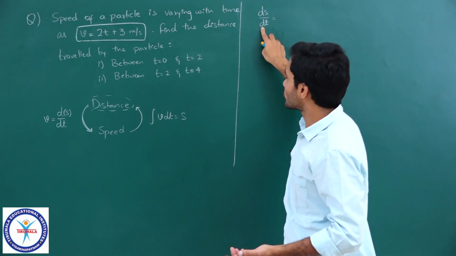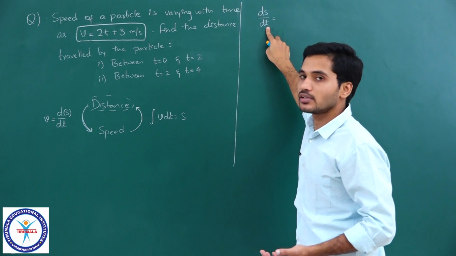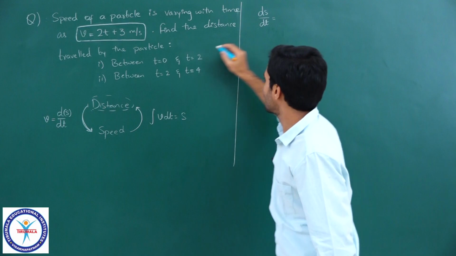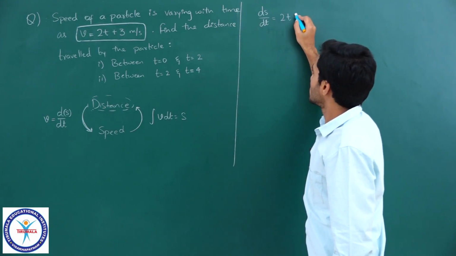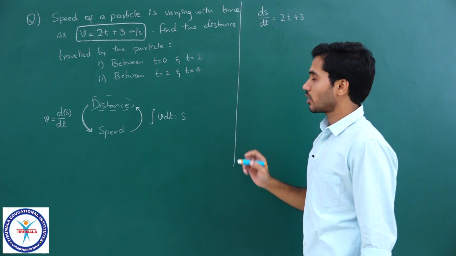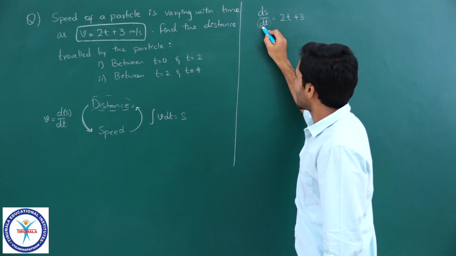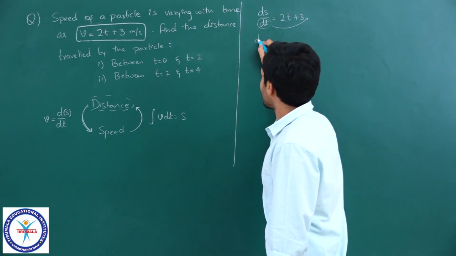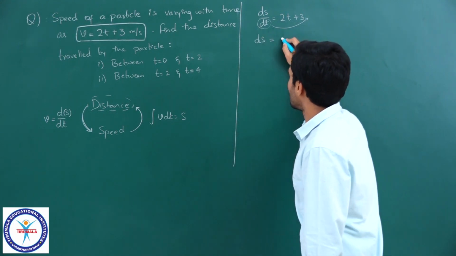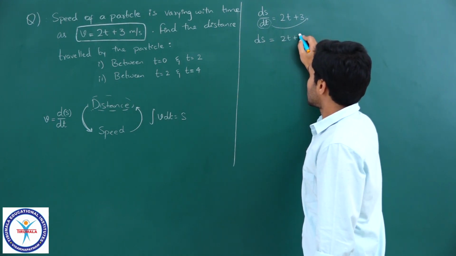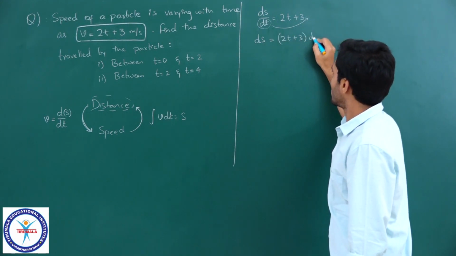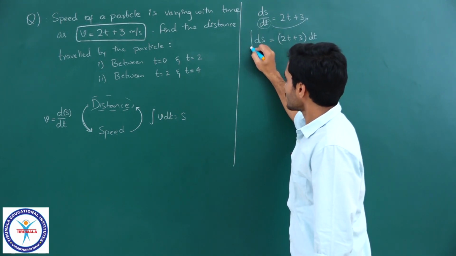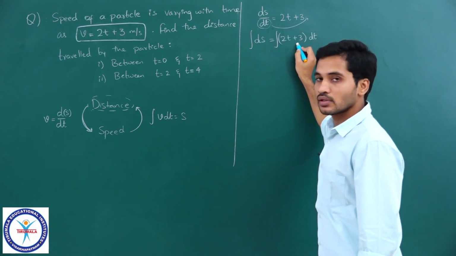In place of v, I wrote ds by dt, which is equal to 2t + 3. Now I am going to take this dt to the other side. So I get ds = (2t + 3) dt. Clear?